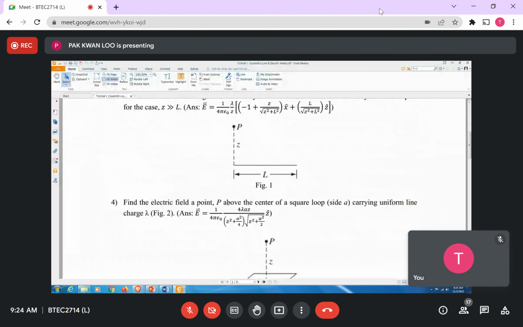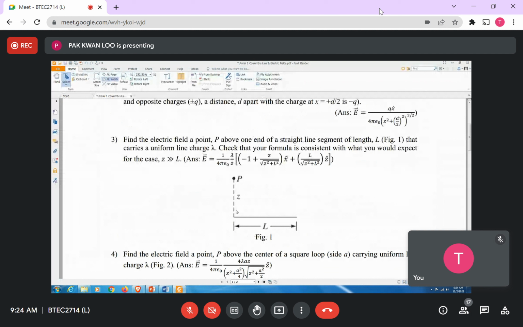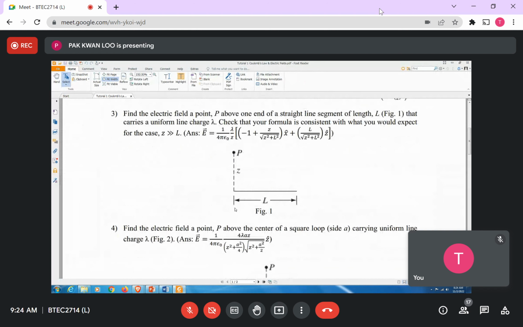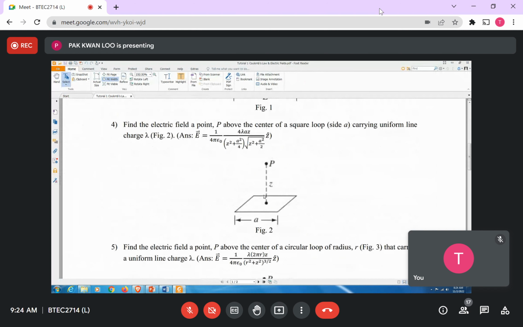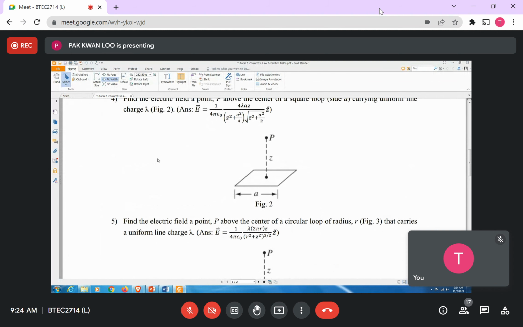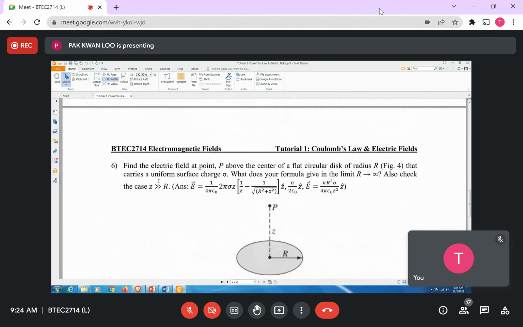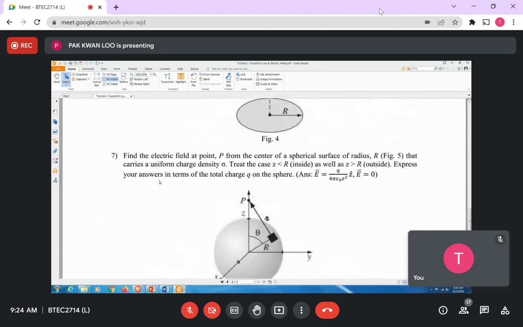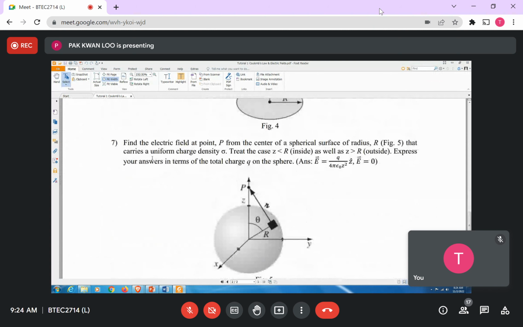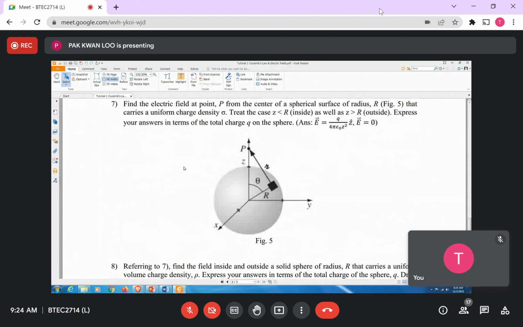I've discussed until question 3 this week, I think. So I think you can try the rest of the questions, 4, 5, 6, 7, and 8. In particular, 7 and 8 are similar.